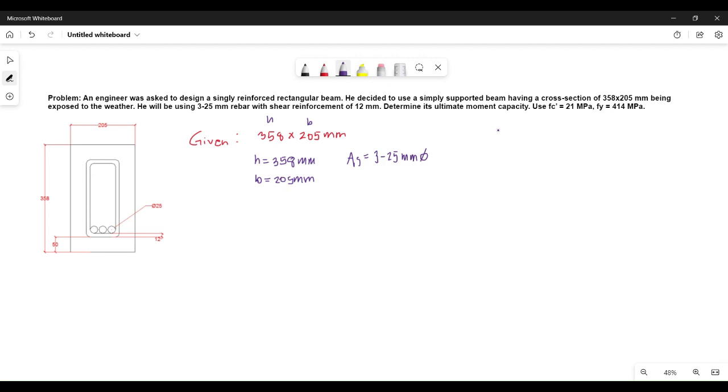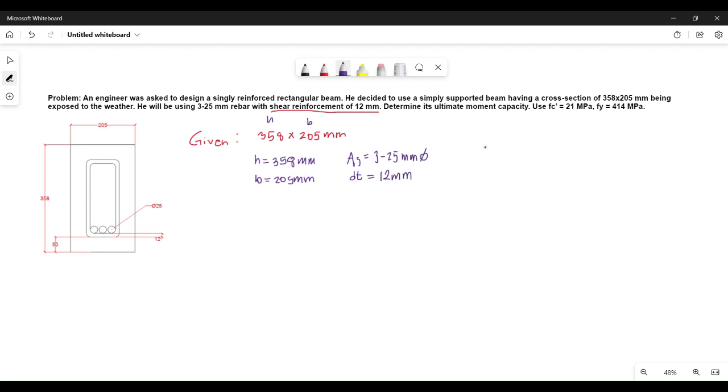Next, with shear reinforcement of 12 millimeter. That is the diameter of our shear reinforcement. Let's say this is dt. In terms of dt, equal to 12 millimeter.